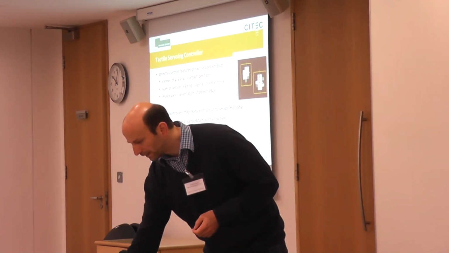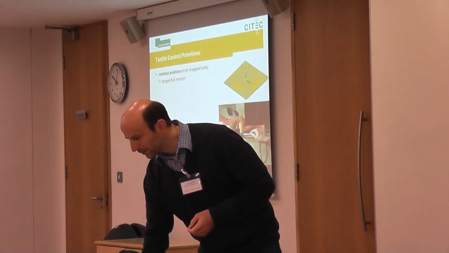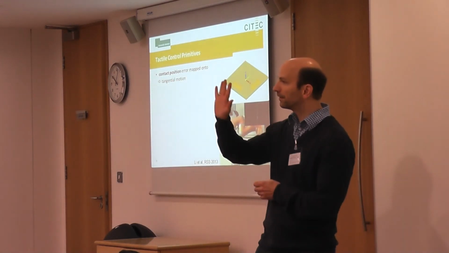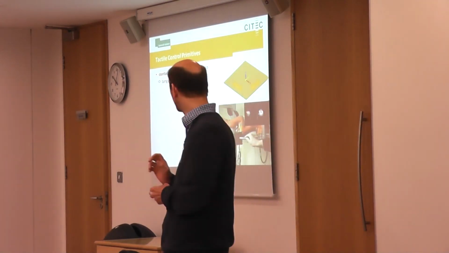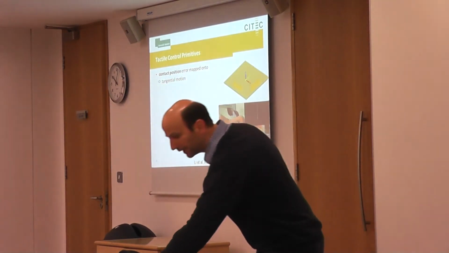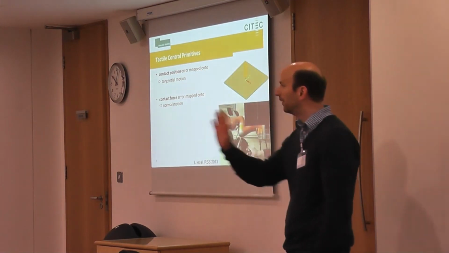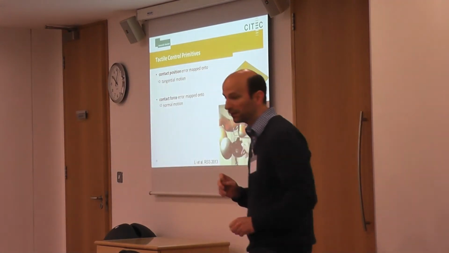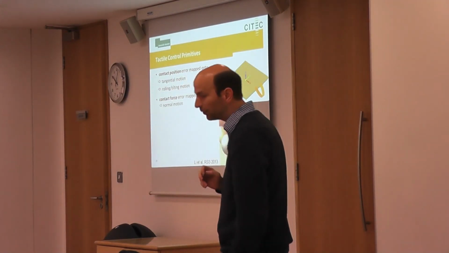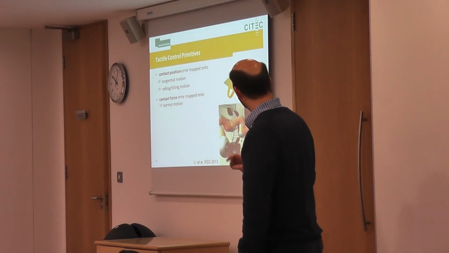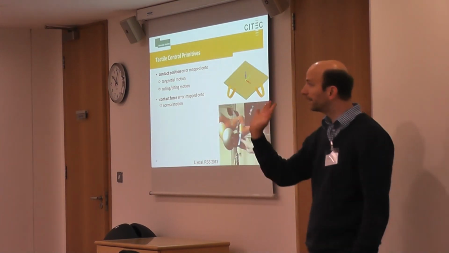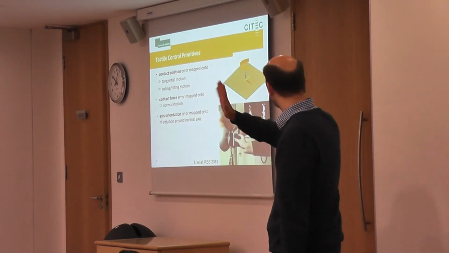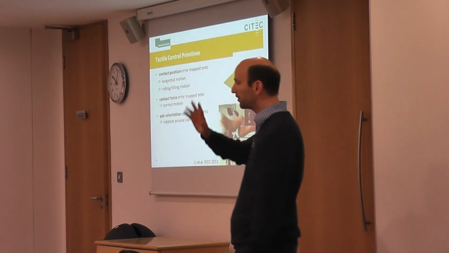So we came up with four tactile control primitives. First, to control the contact position, we can move the sensor tangentially, of course. We can move the sensor in normal direction to apply the correct force. That's another motion here to realize contact position control, now rolling the sensor across the surface. And finally, we can rotate the sensor in order to align the object edge.